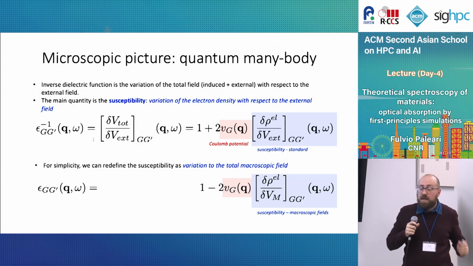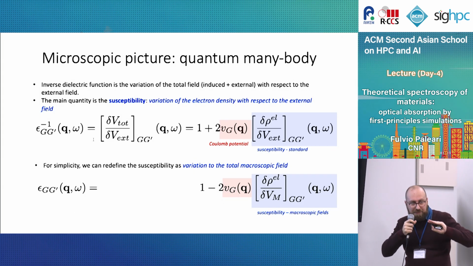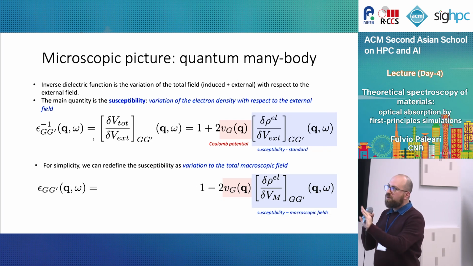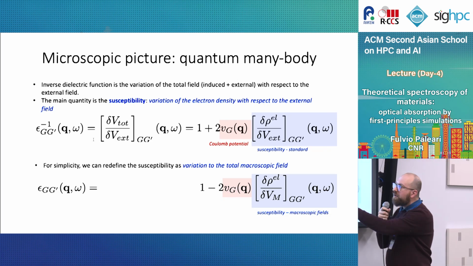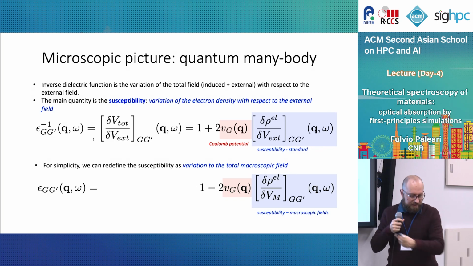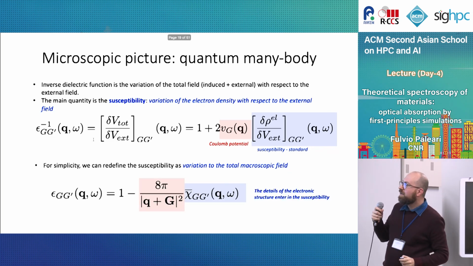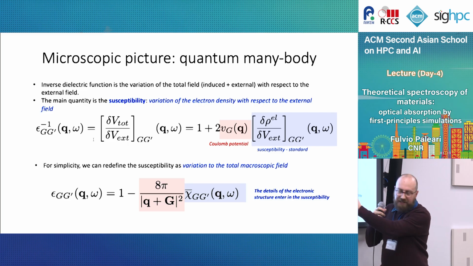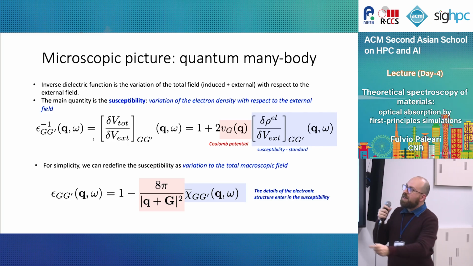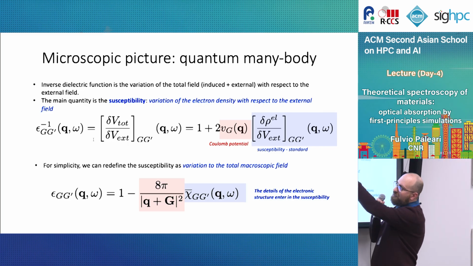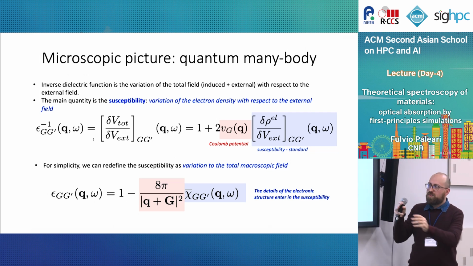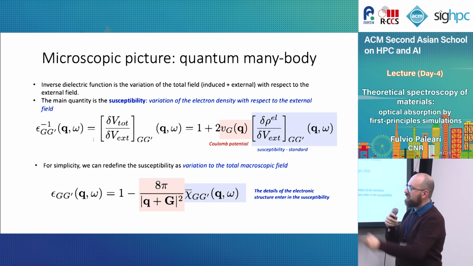Now we are pushing the problem away. We push the problem from epsilon to, okay, what is this? We have to compute this. We typically call this chi, the response function. And this is just the Coulomb potential in reciprocal space, it's just a formula. So we want to compute the full of this, but we have to know this.